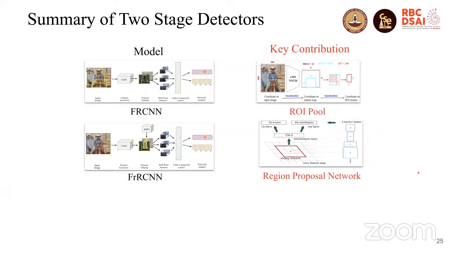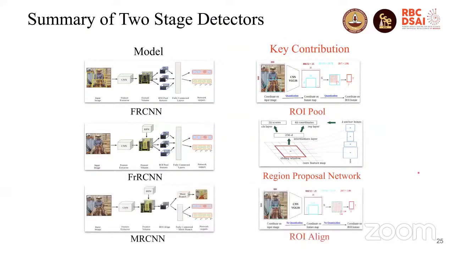And the last important idea was in Mask RCNN, where they replaced the ROI pooling with something known as ROI align. So what it does, the key difference here is that, as you notice, this was a lossy process. ROI pool had some lossy approximation of the input features, but they came up with a less lossy process, which accounts for all the input features more efficiently while converting it to a fixed size representation.